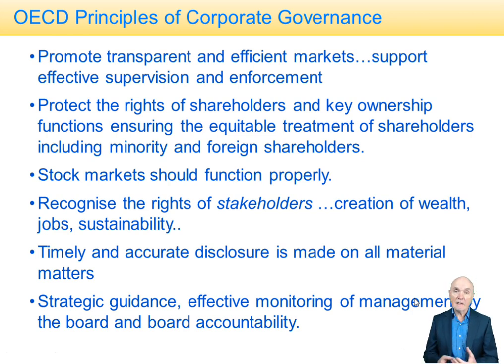So in the UK it is the Corporate Code, in America it is the Sarbanes-Oxley Act and so on, and these are ways in which local countries have tried to implement this international OECD requirement.